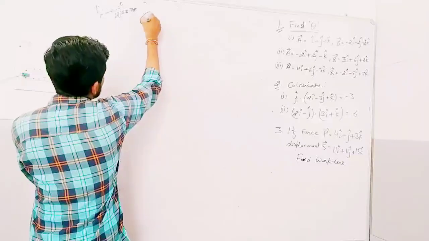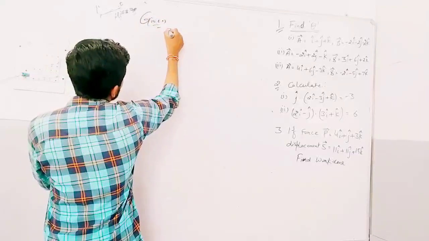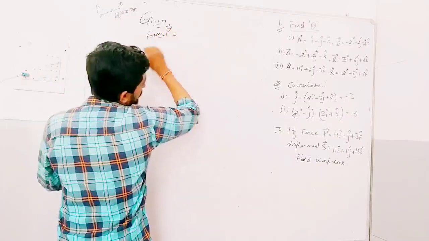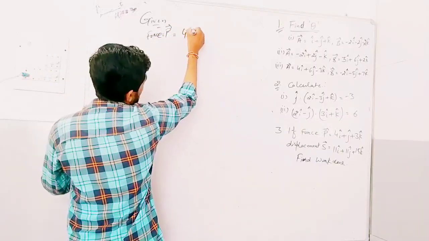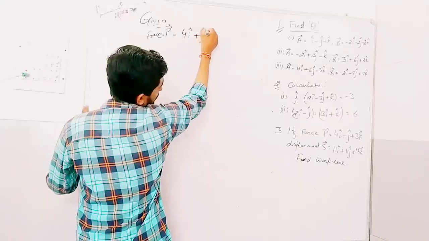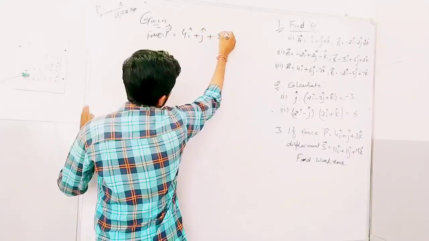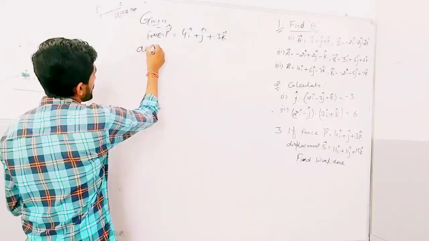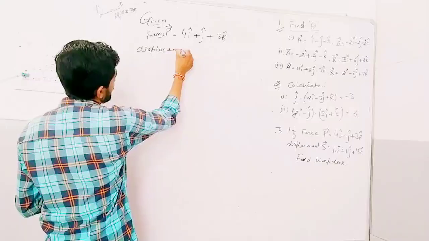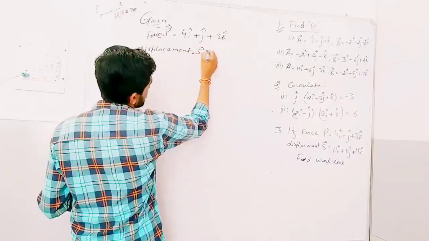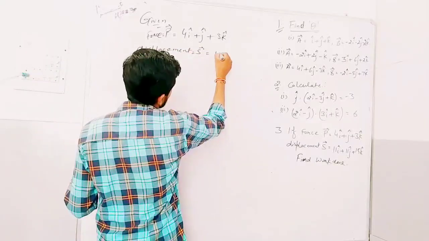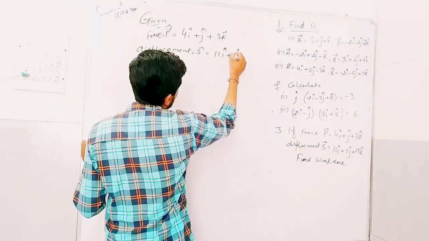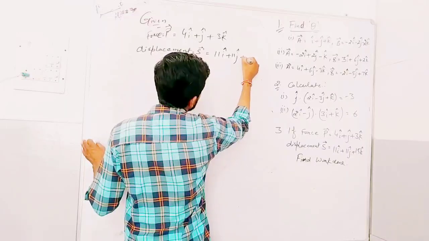The force is the P vector, which is 4i cap plus j cap plus 3k cap, and the displacement is the S vector, which is 11i cap, 11j cap and 15k cap.